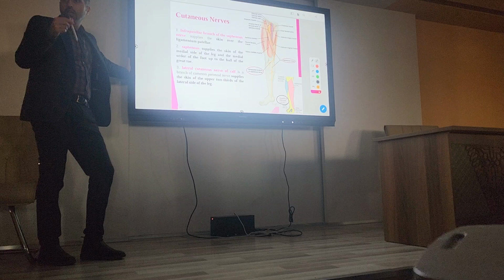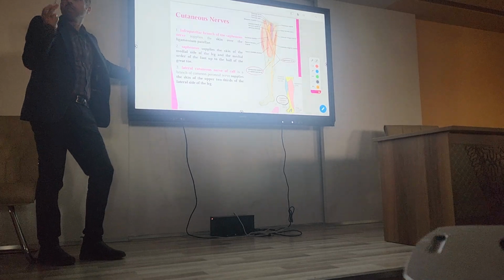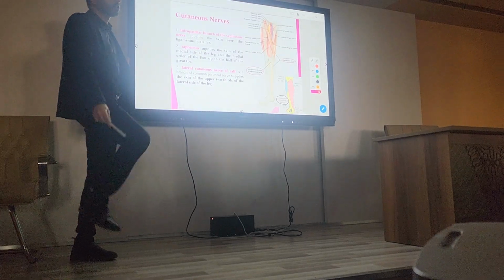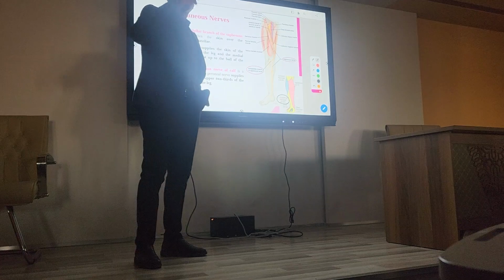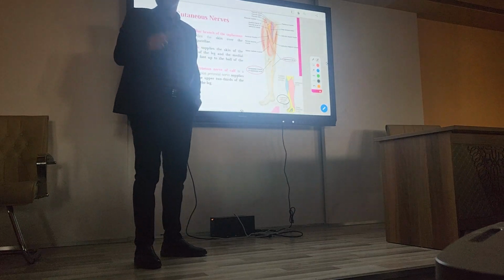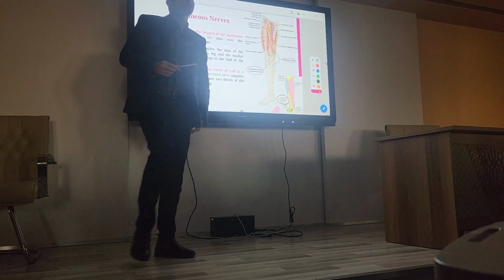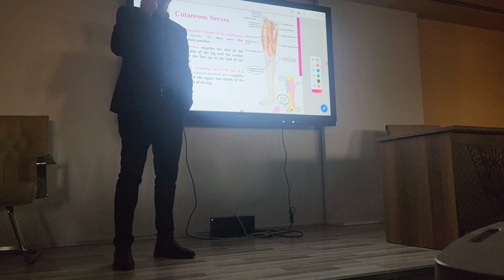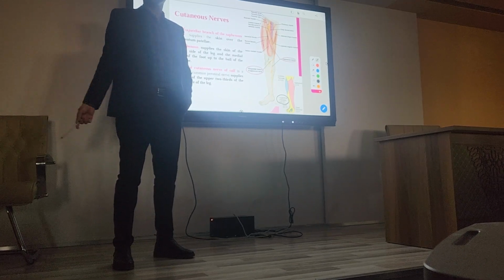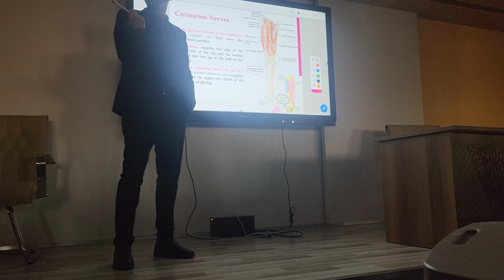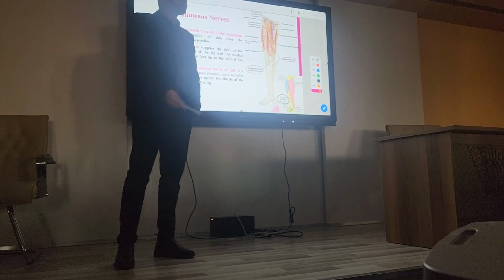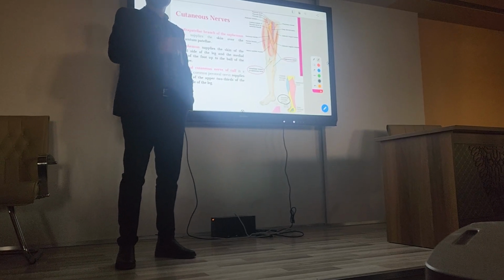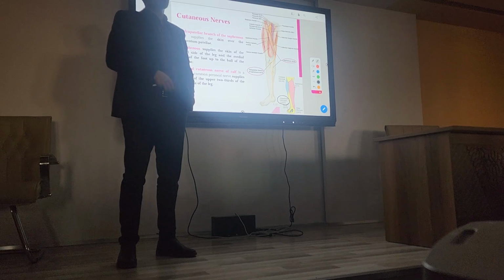I'm talking about motor function. So the muscles in the lateral side of the leg have superficial fibular nerve. The muscles in the anterior side of the leg have deep fibular nerve. We had questions. What is the motor supply for the lateral compartment, anterior compartment? You know that. Lateral compartment, superficial fibular nerve. Anterior compartment, deep fibular nerve.